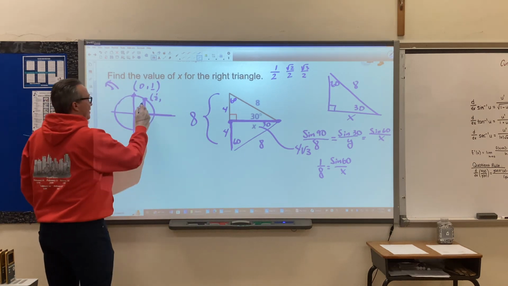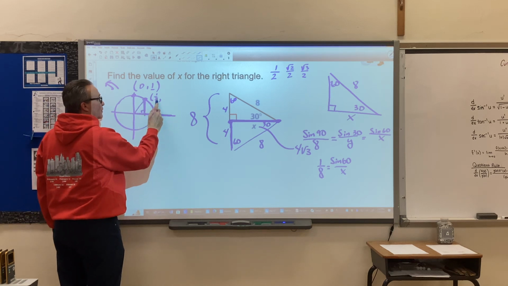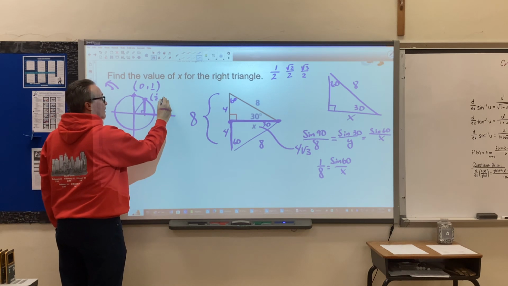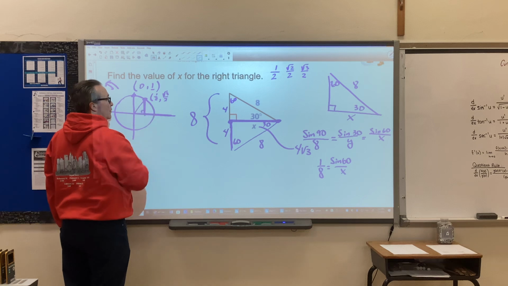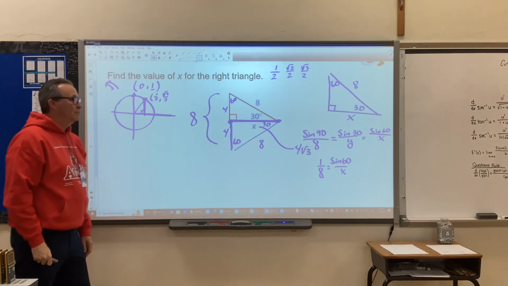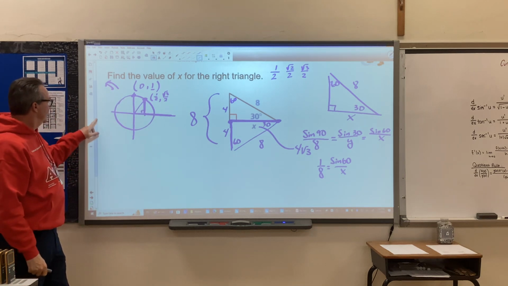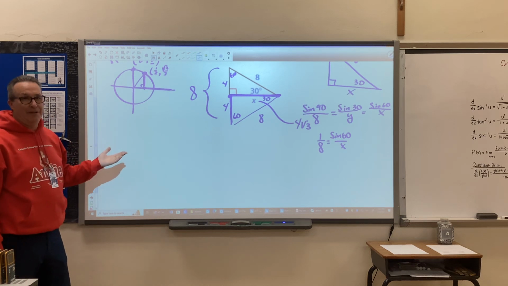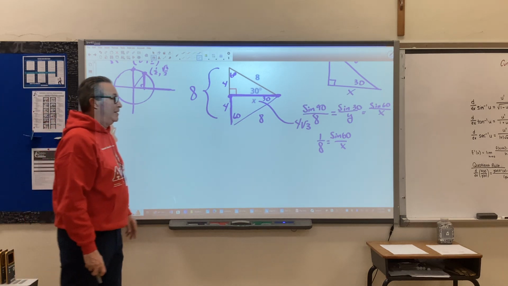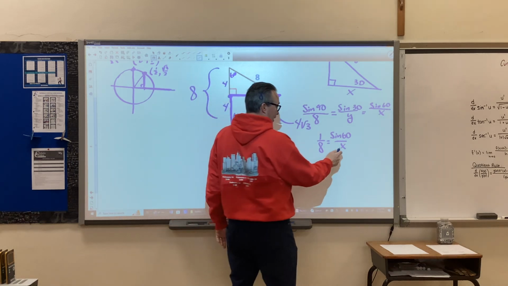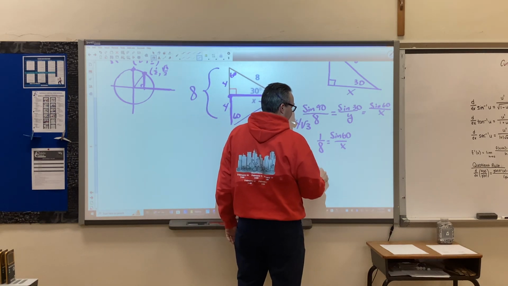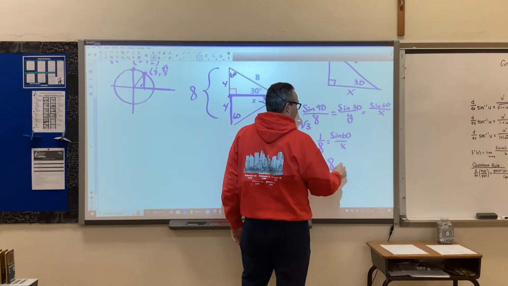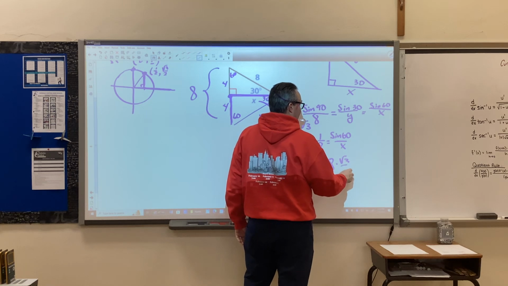So the coordinates at this point, the x-coordinate is 1/2, the y-coordinate is the square root of 3 over 2. Now you can use your calculator to find this. I'm just showing you how things are going. If we cross multiply, we get x is 8 times the square root of 3 over 2.